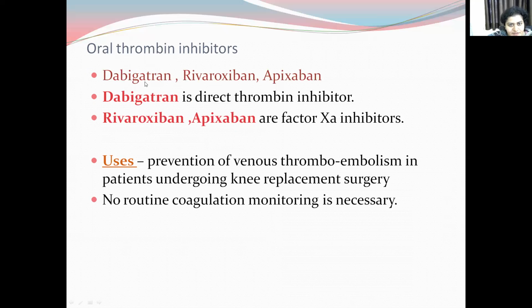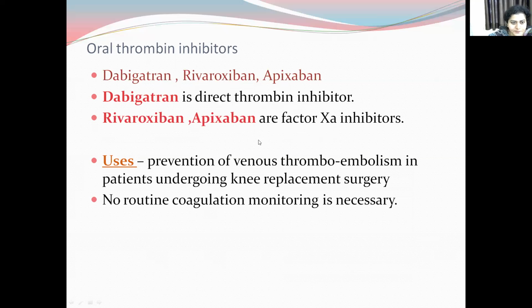Okay, dabigatran, rivaroxaban and apixaban. In this, dabigatran is a direct thrombin inhibitor, that is, it directly binds to factor 2 and inhibits it, whereas rivaroxaban and apixaban are factor 10A inhibitors.